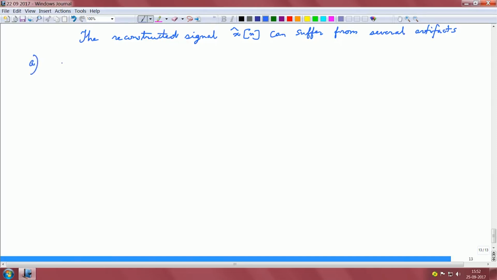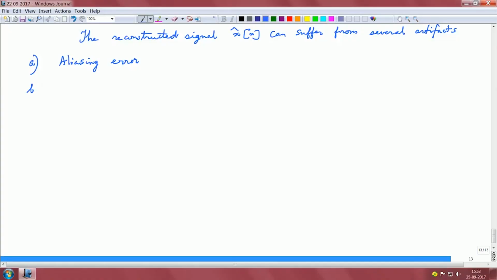The first artifact is, as you can imagine, the aliasing error. We are downsampling, because of the downsampling process there is a stretch in the frequency, and if something is happening that your filters are not accommodative to this stretch because of the Nyquist rate sampling, then there would be aliasing effects. And this is very important, that the reconstructed signal should be free from aliasing errors. Second, you can have amplitude distortion.